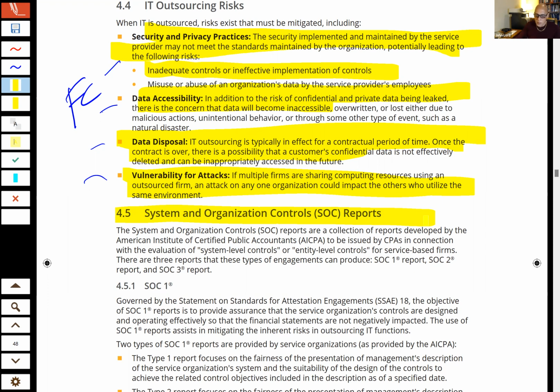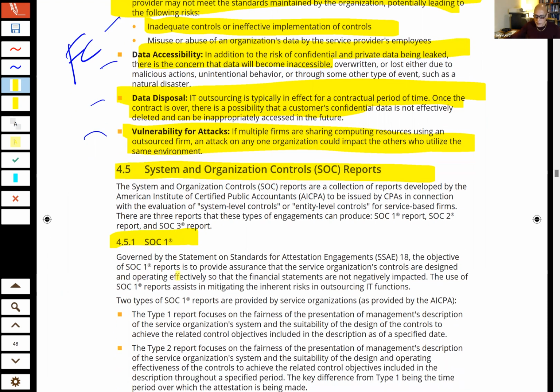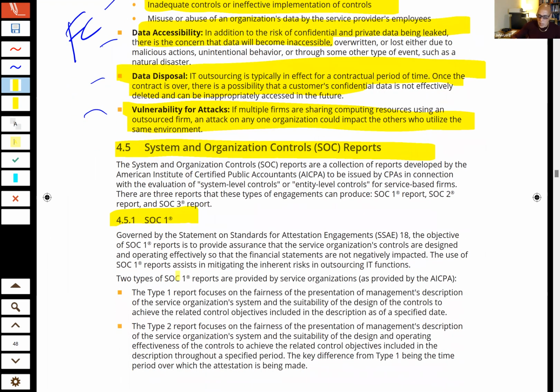Now, the first one, SOC 1, is basically a statement from the System and Organization Controls, and it comes from the Statements on Standards for Attestation Engagements. So what happens here, and even though they don't call it out as payroll, this is a good example.